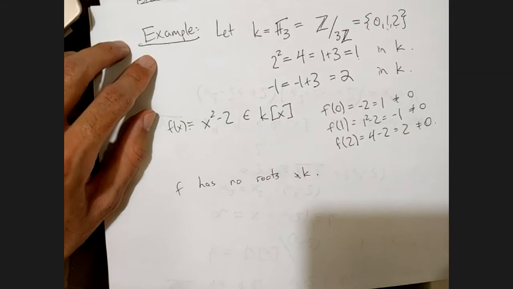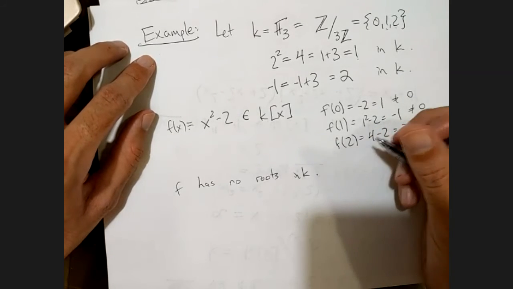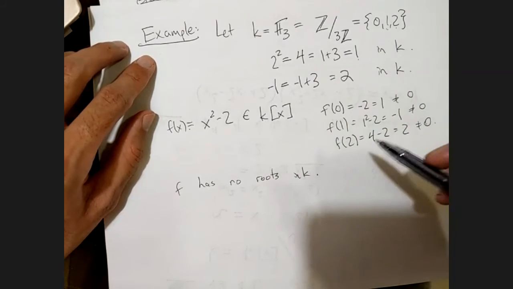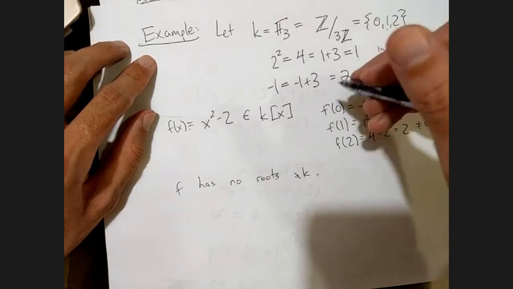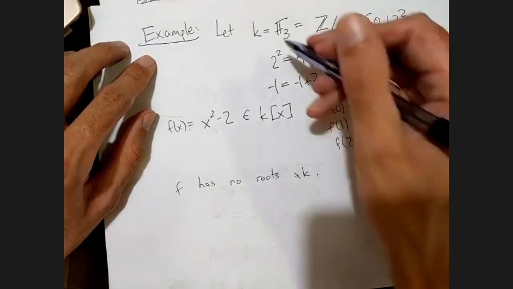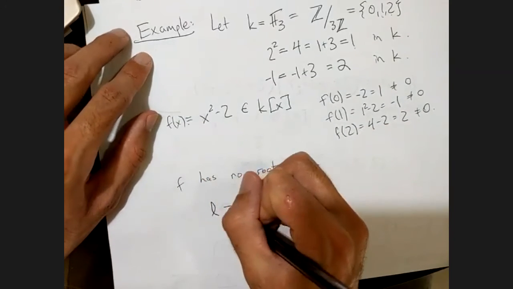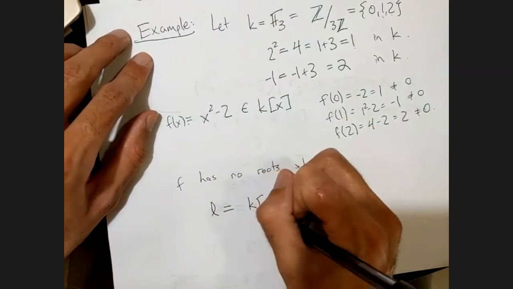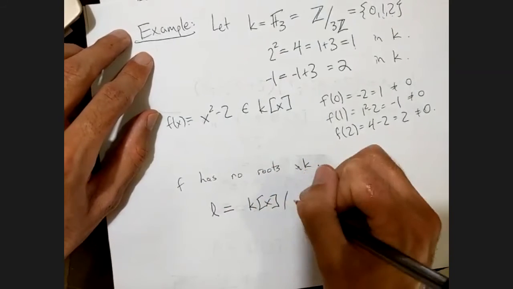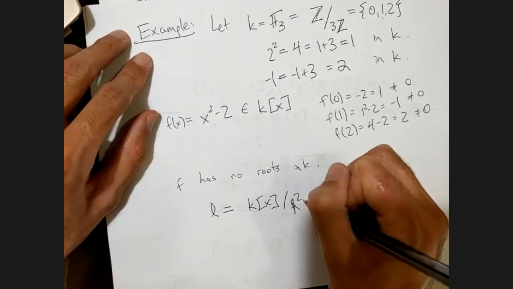Therefore, you can do the same construction. You get a maximal ideal corresponding to f. So let L just be K[x] modulo f, which is x squared minus 2.